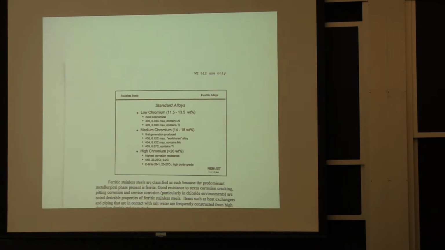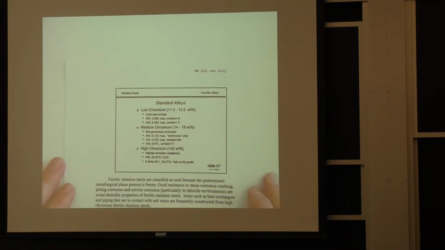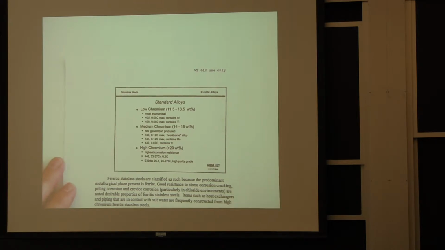There's two types of ferrite. There's delta ferrite and alpha ferrite. Delta ferrite is typically a higher temperature ferrite, and alpha ferrite is a lower temperature ferrite.